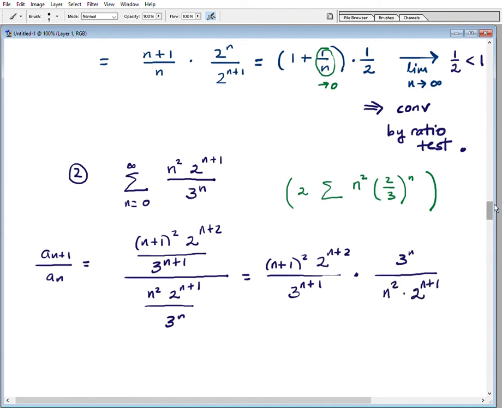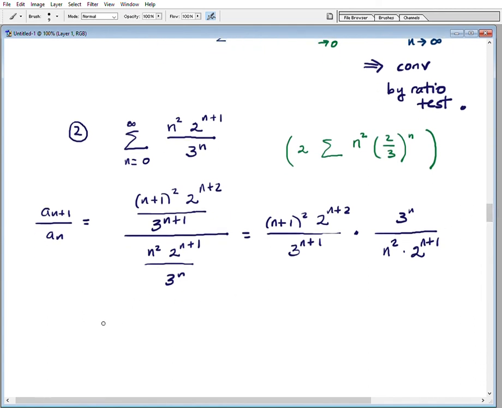Now start rearranging things. Let's put the 3's on top of one another: 3 to the n over 3 to the n plus 1. Let's put the 2's on top of one another: here we have 2 to the n plus 2, and here we have 2 to the n plus 1.